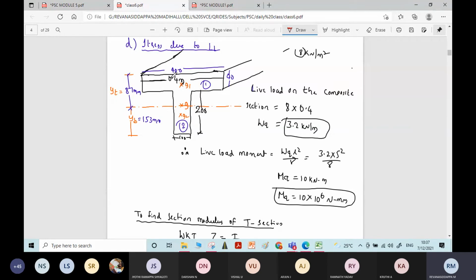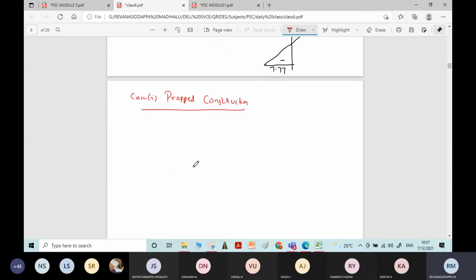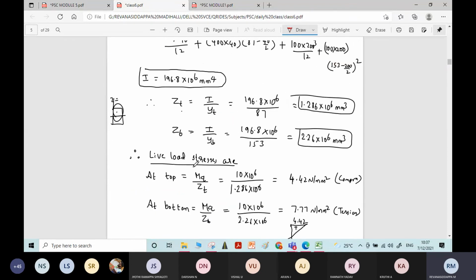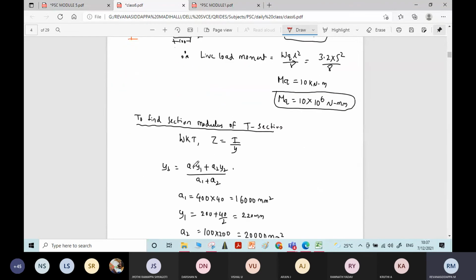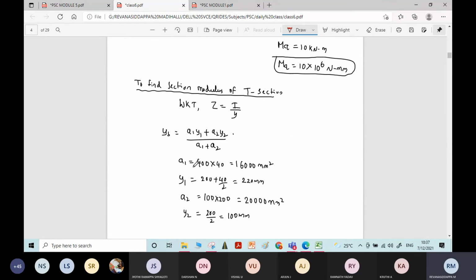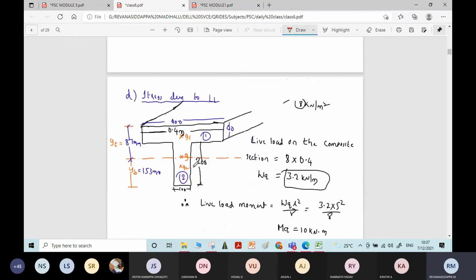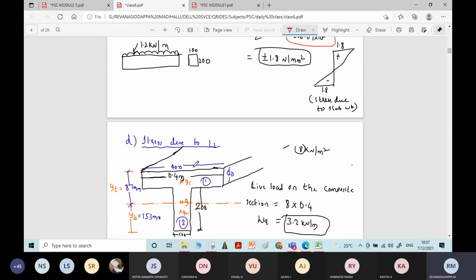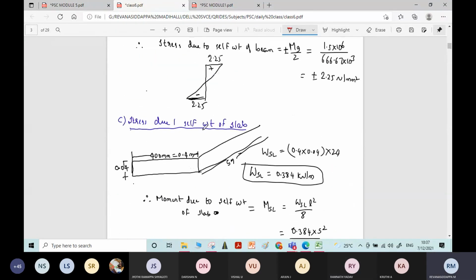That is why we should consider the sectional property with respect to the full section, whatever the ZT, ZB values are, and find stresses due to the dead load of the slab. That is the difference between calculation for unproper and proper construction. Only there is change in the calculation of stress due to self weight of the slab in step C.